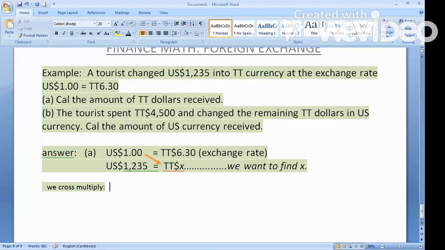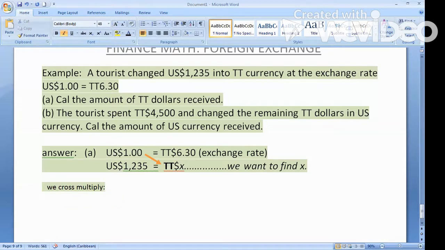When you have an equal sign. So 1 times X. What is 1 times X? Just X. By the way, X is in which currency? TT. So we're going to cross multiply.